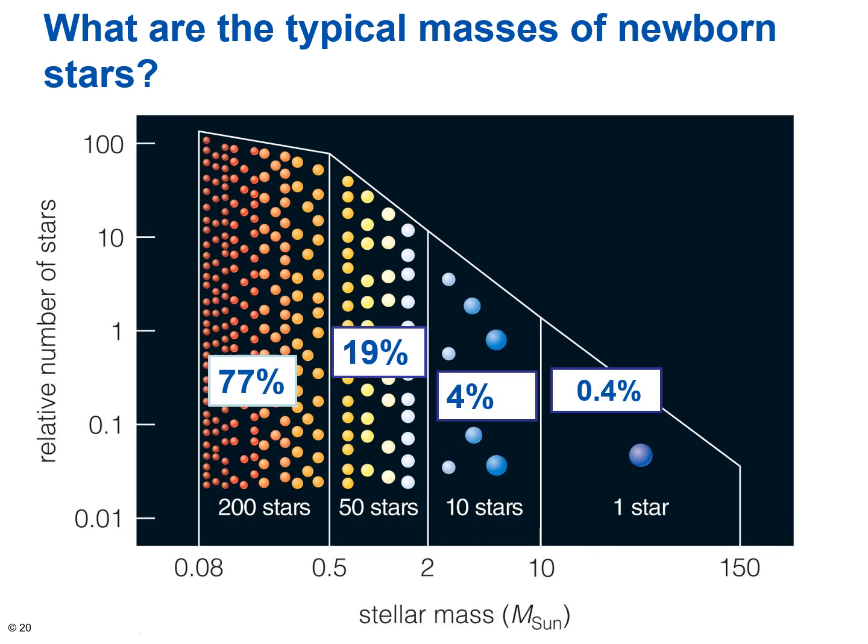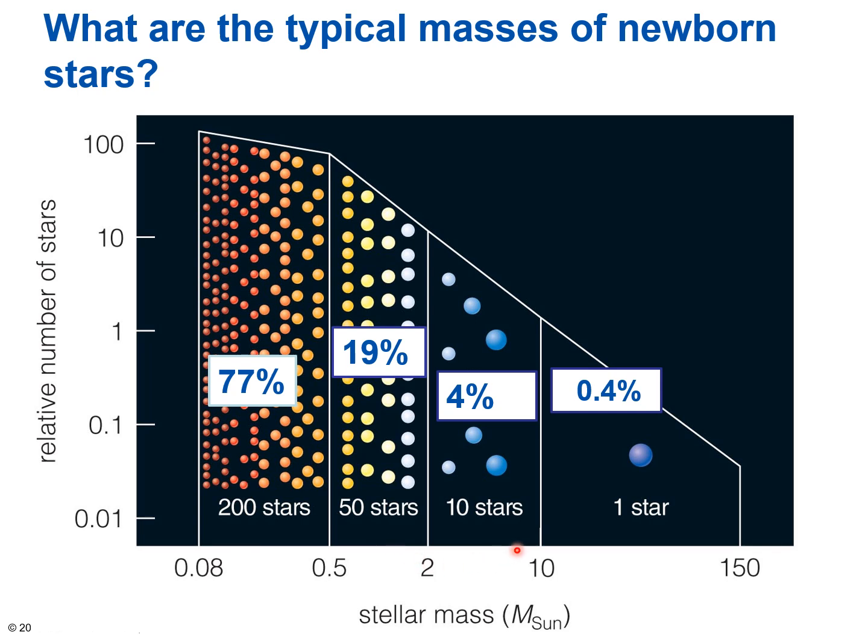We can look at this chart by this breakdown. In any given cluster of stars, any given population of newly born stars, 77% are going to be red and orange, those K and M stars. 19% are going to be the whitish and yellow stars, the F and G stars.